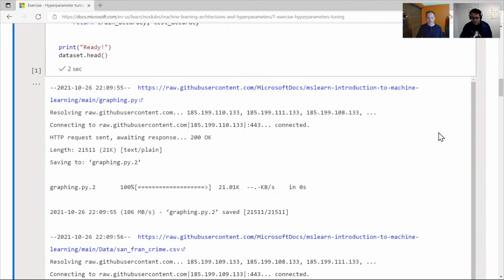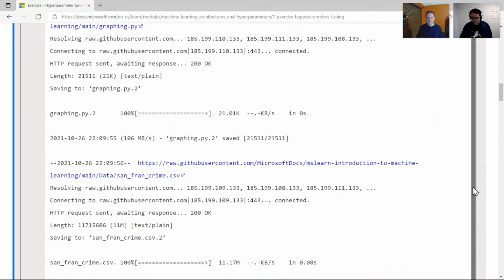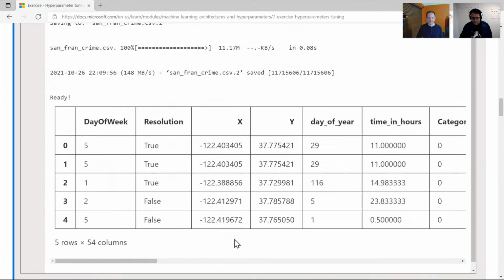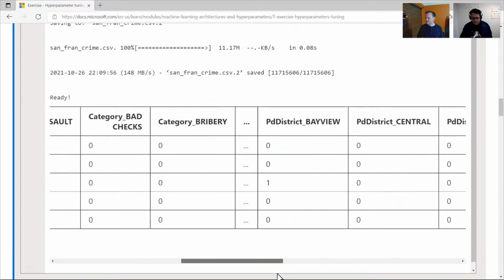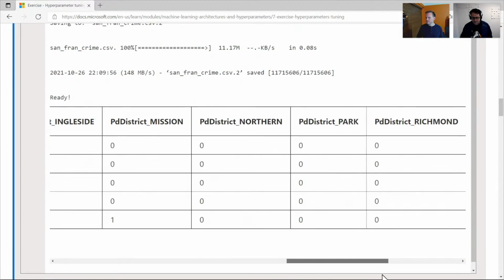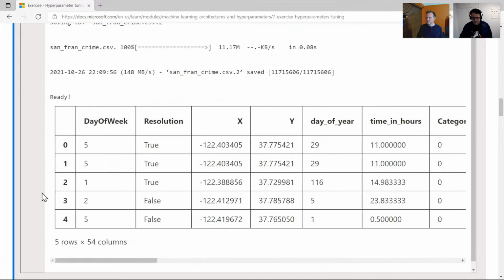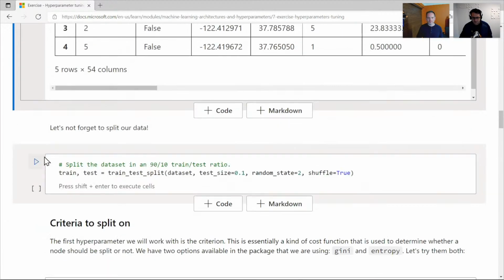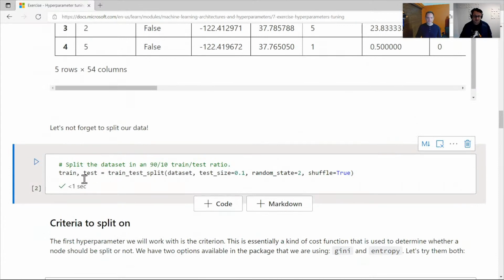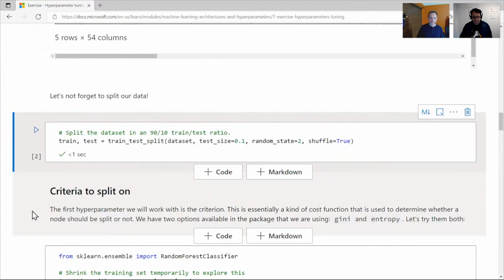So this should be a fairly sizable portion of code. Here's our shape, 54 columns. You can see all the categories and districts in our data set, and we also want to split our data to get the appropriate data set.